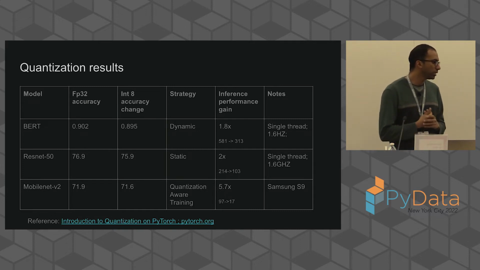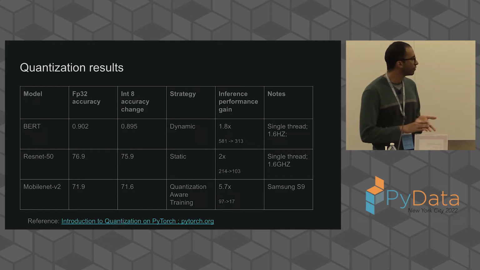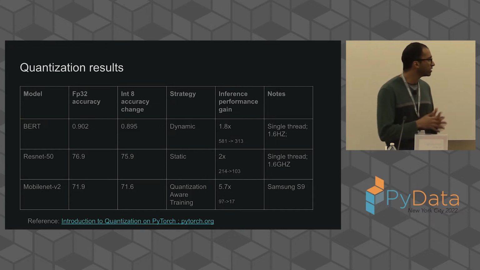But if you look at other things like ResNet 50, for some of these convolution models, you can't really do this dynamic quantization. You need to do static quantization or quantization aware training.